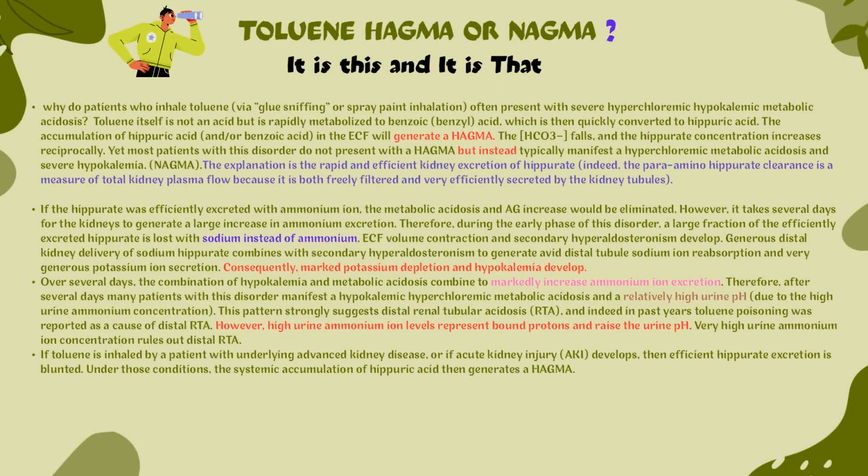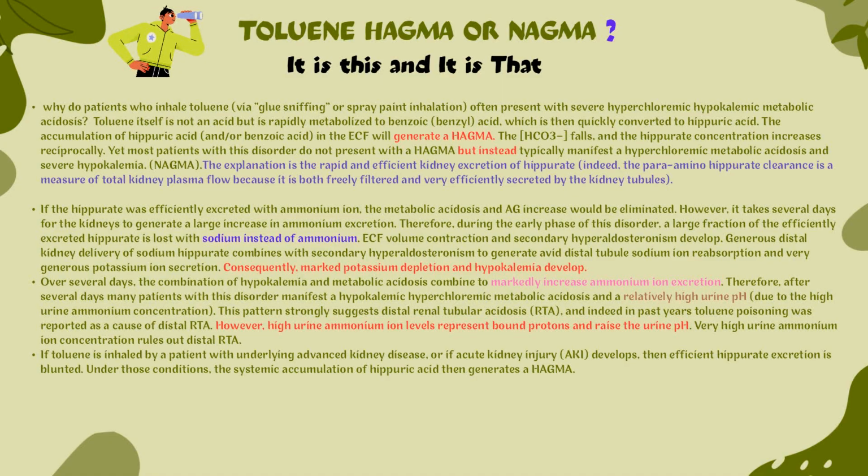The other significant electrolyte abnormality related to toluene toxicity is hypokalemia. And hypokalemia can be severe, and it leads to significant morbidity. There are multiple case reports related to hypokalemia-related deaths in toluene intoxication. The mechanism is losing sodium and potassium leads to an extracellular volume contraction.